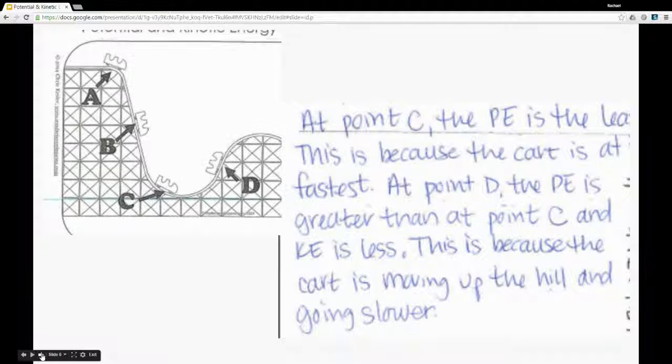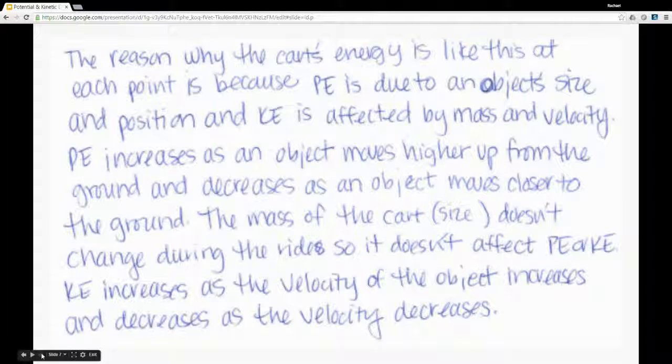Thinking again about the reasoning, the reasoning is the scientific fact that proves why your evidence supports your claim. And I really see the reasoning for the kinetic and the potential energy being one short paragraph versus four separate explanations for each point. So this is what I thought would be a good reason.